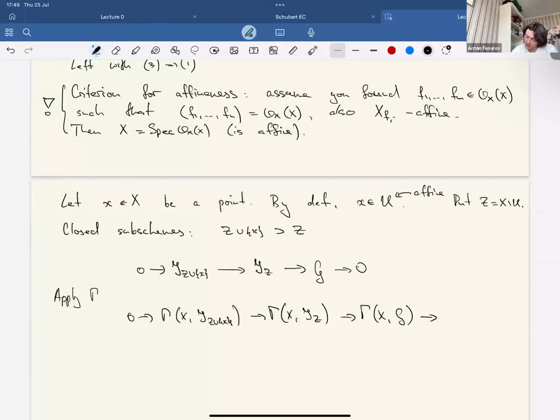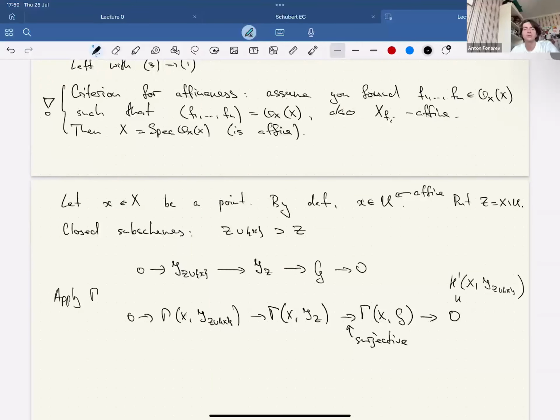Here we get 0, because this is H1 on X of the ideal sheaf of X. All right, so what do we conclude? We conclude that this map is surjective.